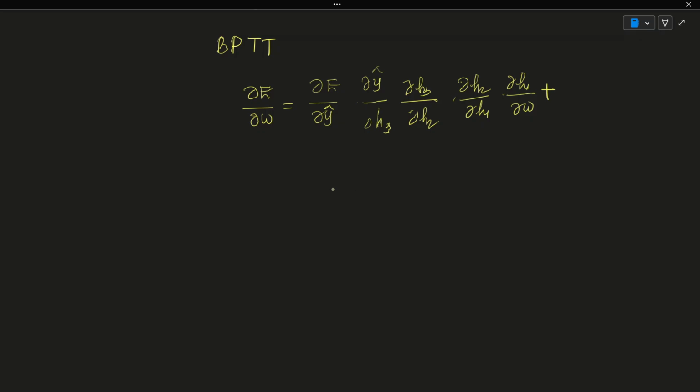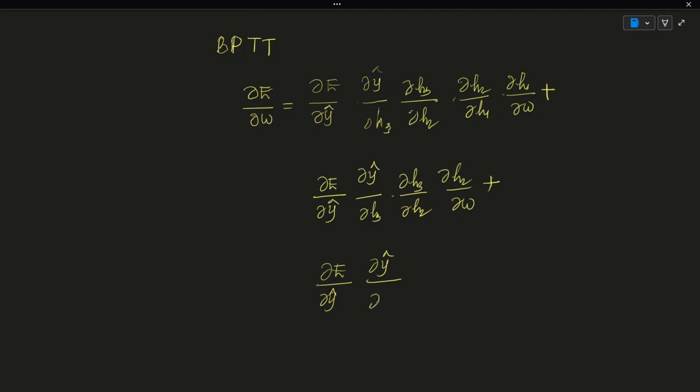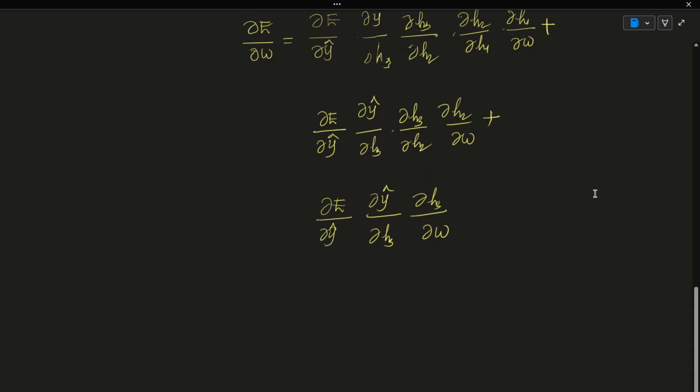This was the last term, and the third term for the three input words was ∂H3 depending on ∂H2 and ∂H2 depending on ∂W. So if you remember, this was the equation we derived.